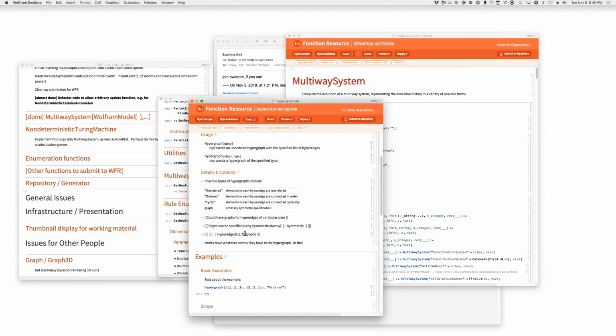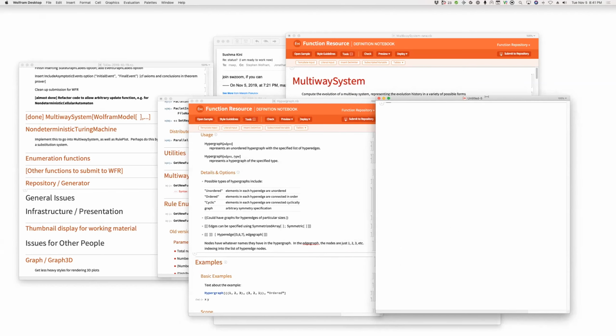In the, what are we going to call it, the edge graph, the nodes are just 1, 2, 3, etc., indexing into the list of hyperedge nodes. Right. So, for example, the case of an unordered hypergraph is complete graph of 3, right? Yes, that's right.